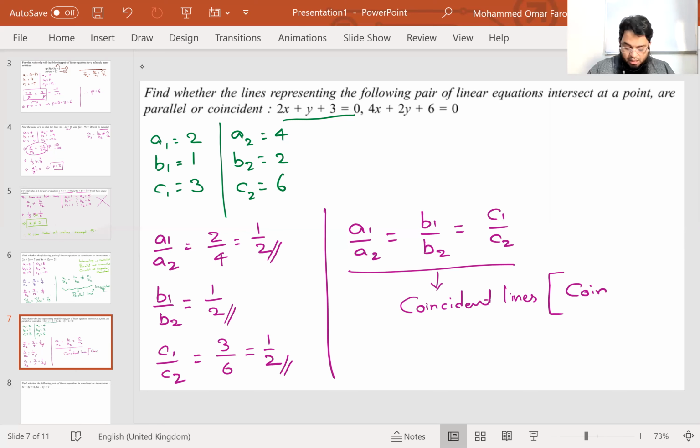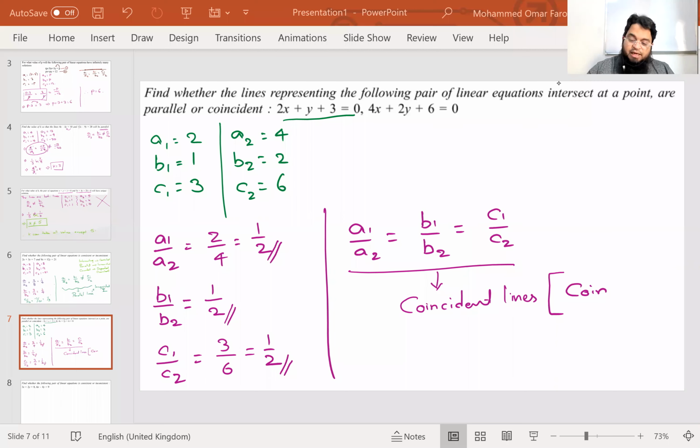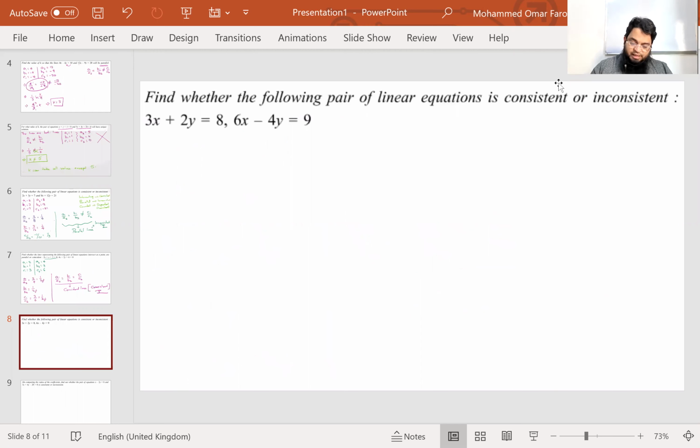Understood? And we have seen that the lines which intersect at one point, intersecting lines, and coincident lines are called consistent lines. Is it right? They can be called consistent lines. So now let us go for the next one.